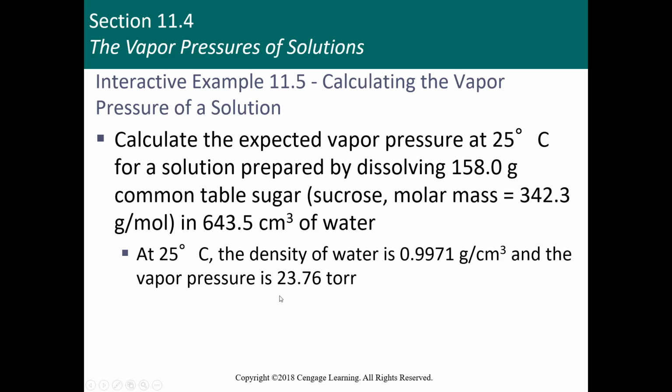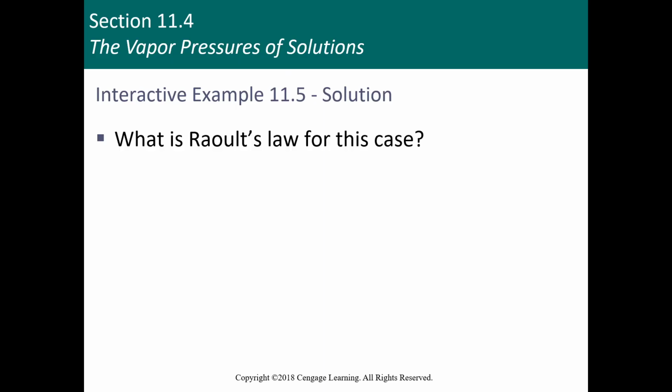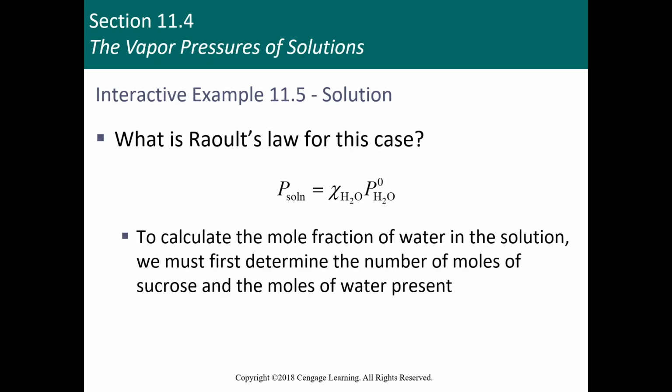And then finally, right here, we have our vapor pressure for the pure solvent, water. And so let's go ahead and get Raoult's law. Right there, the pressure of the solution equals chi times the pressure of the pure solvent.